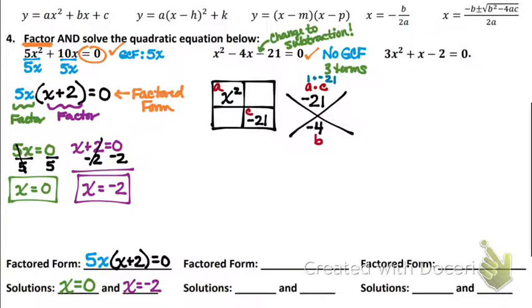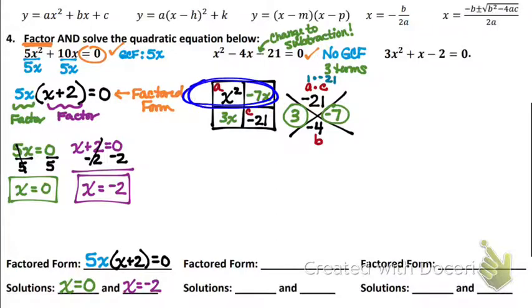Negative 4. What kinds of numbers will multiply to 21? 3 and 7. Is the b positive or negative? Negative. So that means the bigger number here has to be a negative. Which one is negative? 7 has to be negative. So negative 7x, positive 3x.